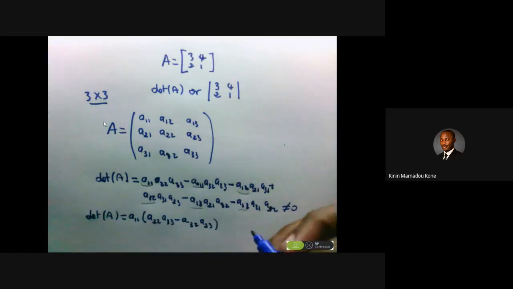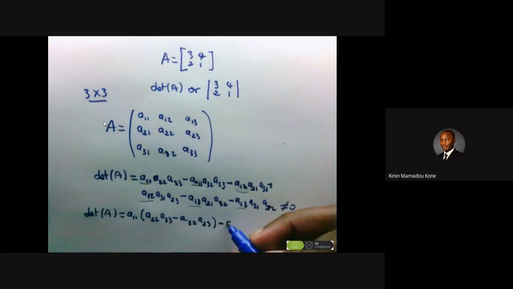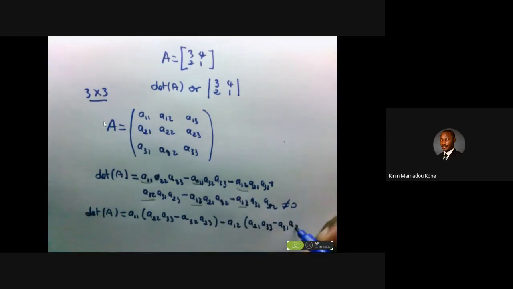So here I can write minus A12 factor of A21, A33 minus A31, A23.